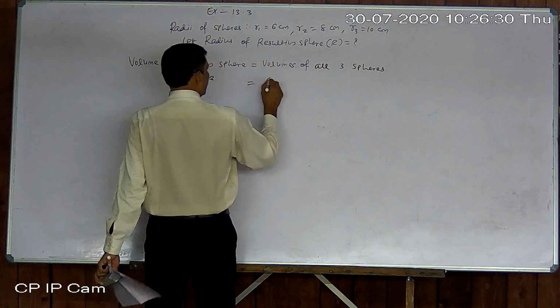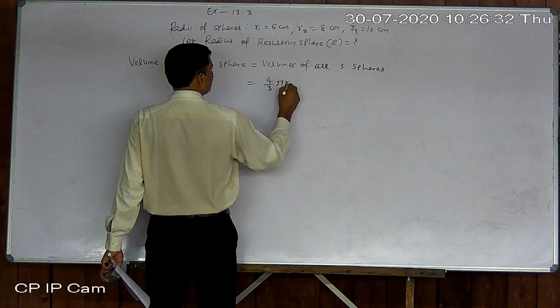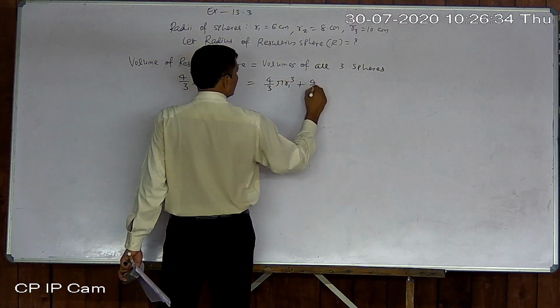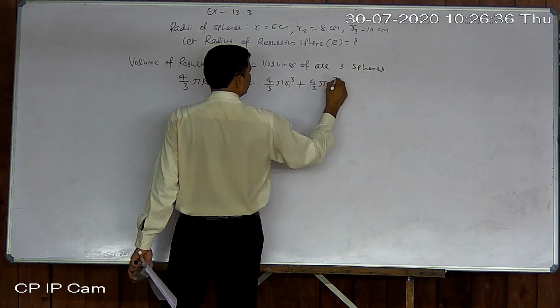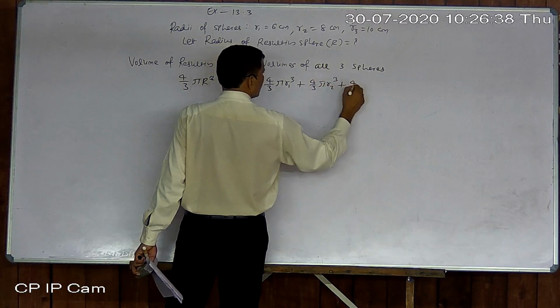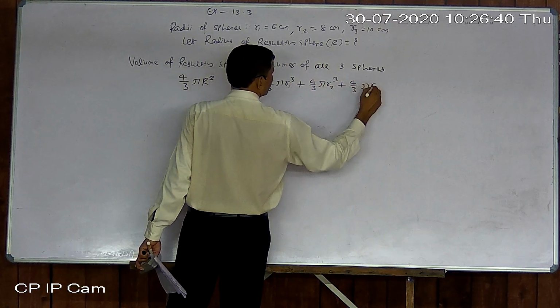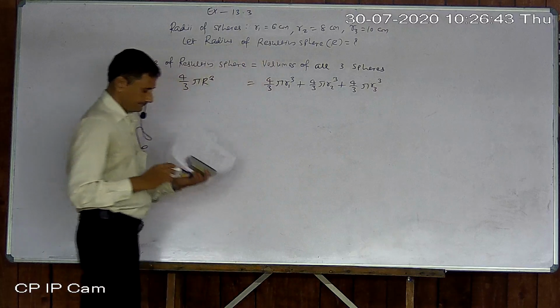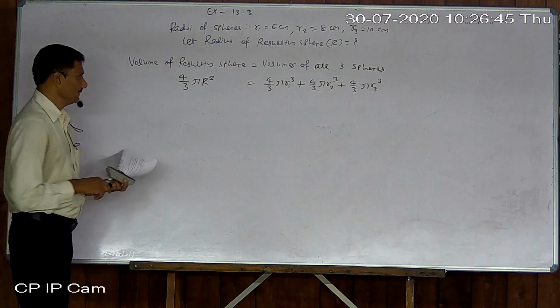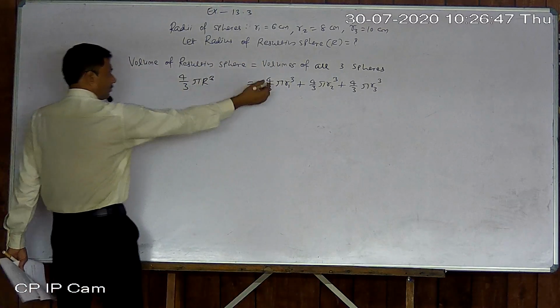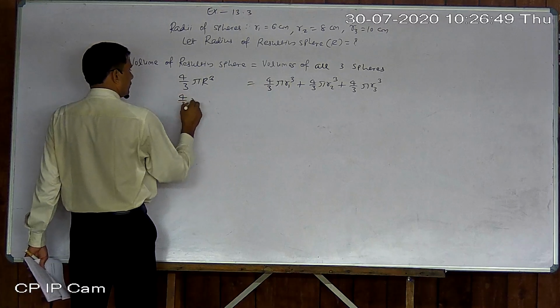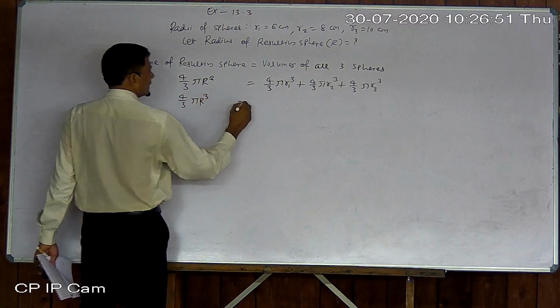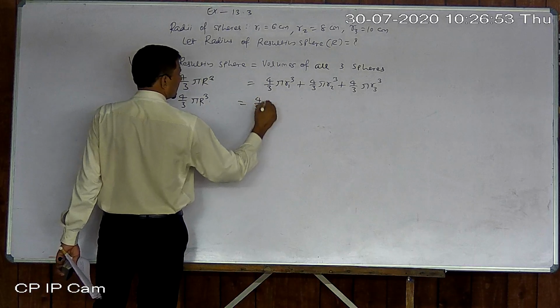4 by 3 pi r1 cube plus 4 by 3 pi r2 cube plus 4 by 3 pi r3 cube. Okay, now take common from there, whatever is there. So 4 by 3 pi is common.